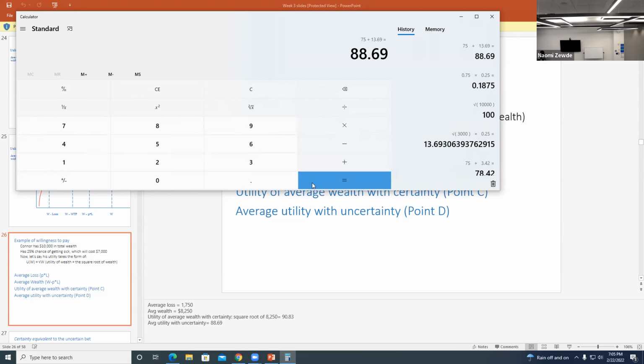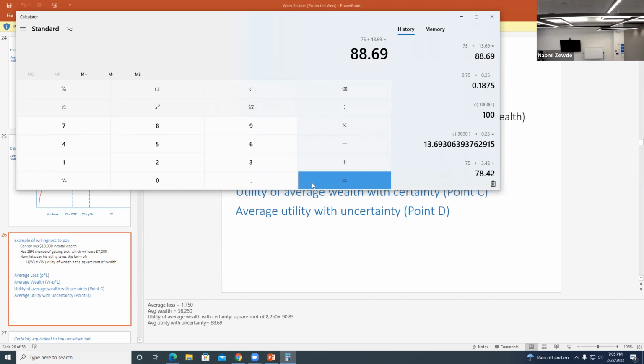Even though these two things are both actuarially fair bets, dealing with this 25% chance of losing $7,000, when you split the utilities up and multiply them by their probabilities of happening, the utility comes out lower. That reflects the fact that people don't like uncertainty. Mathematically, it ends up working out that way.